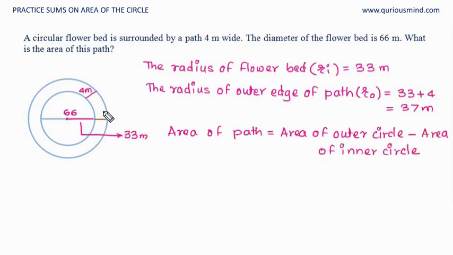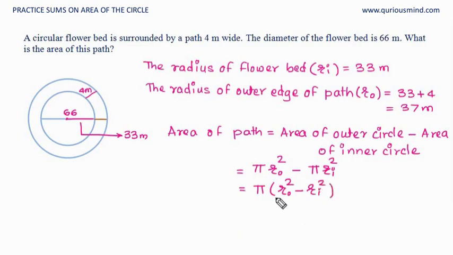Now we want to find the area of the path, and we know area of the path is area of the outer circle minus area of the inner circle. Now area of the outer circle is pi into RO square, because that is the radius of outer circle, and minus area of the inner circle is RI square, and that gives me pi is common, so it is RO square minus RI square.